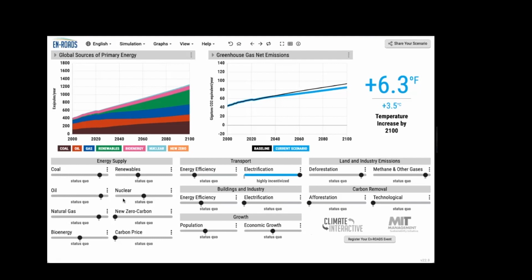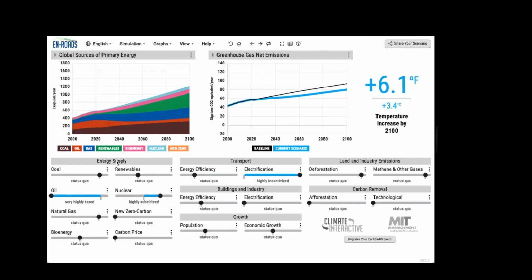All right, so we can lower the oil, and do they want to lower nuclear or increase nuclear? Well, just for giggles, we'll make more nuclear. And so that brought it down to like 6.1 degrees or 3.4. So moving in the right direction.